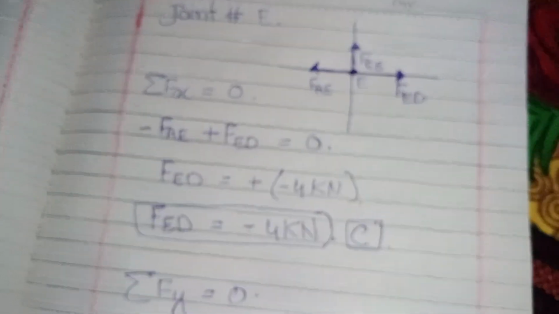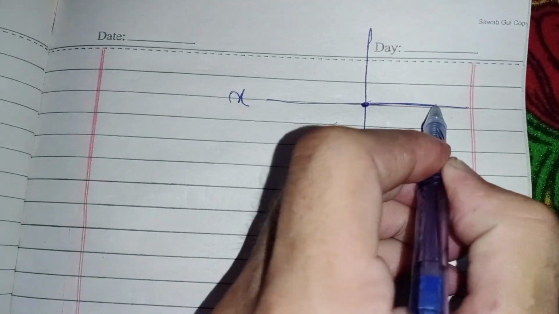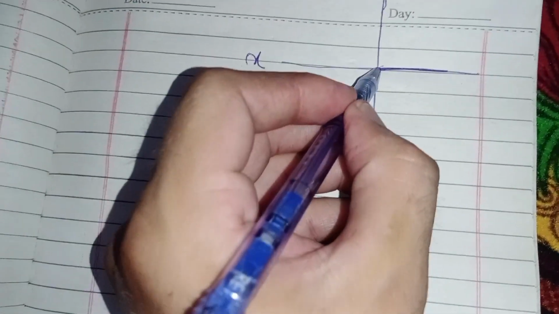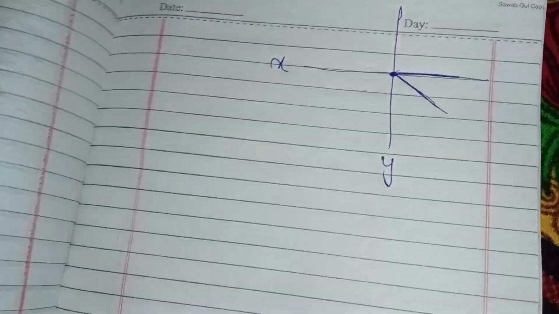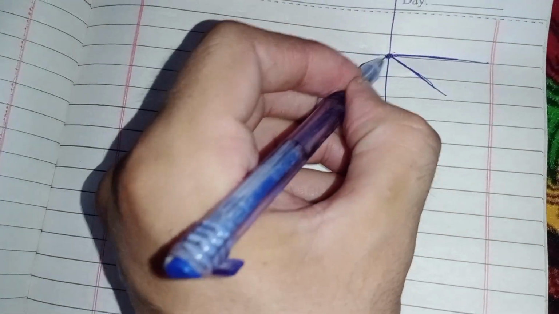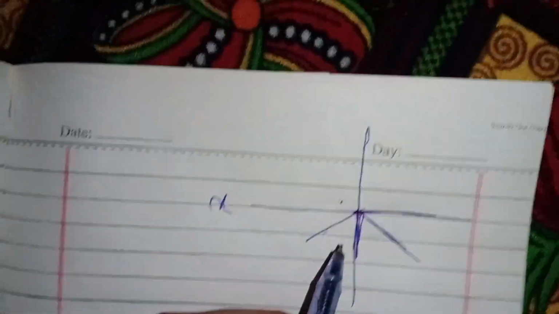Write it in the XY plane. One force is there and the other force is this, the other force is there and this. This is joint B.